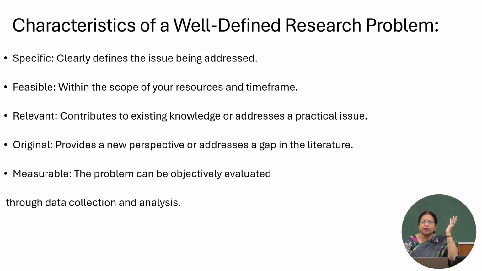If I am doing some alchemy, it is not relevant in today's time. Things have advanced so much. It has to be original, no duplication, and it should be measurable. I should have a way to do either a qualitative or a quantitative research through that defined problem.